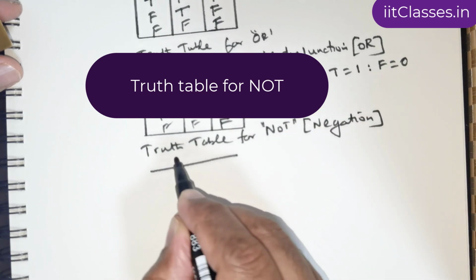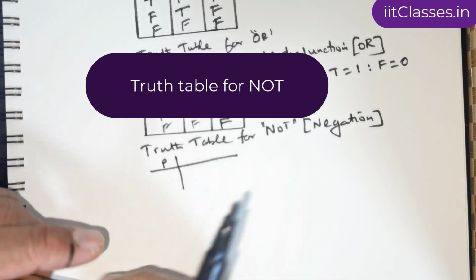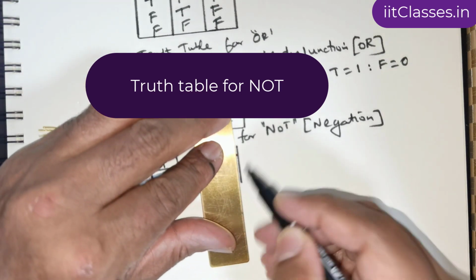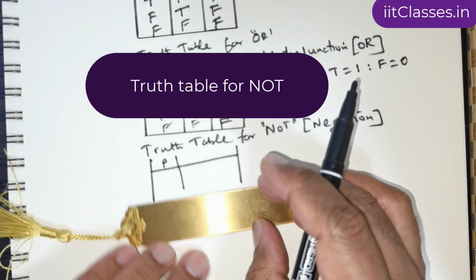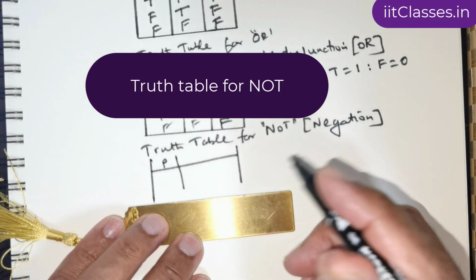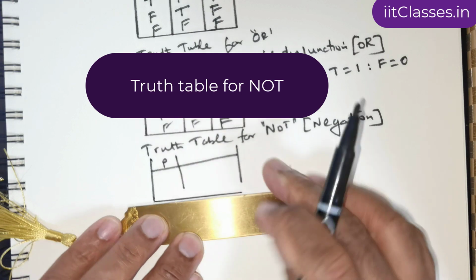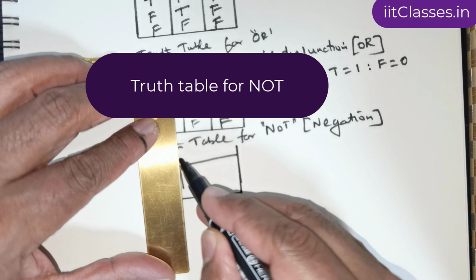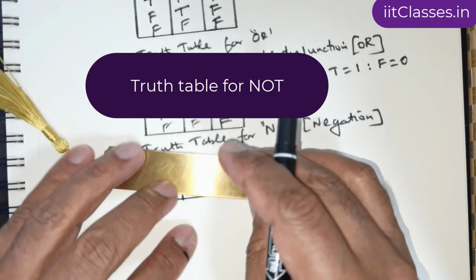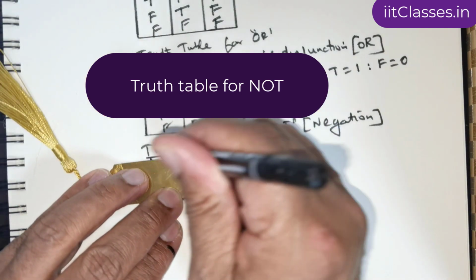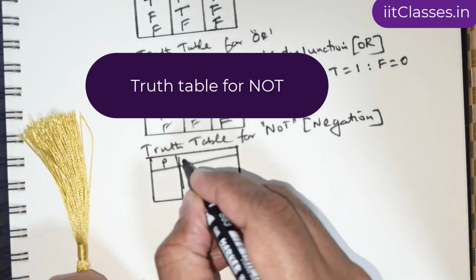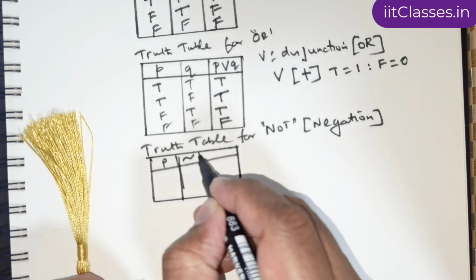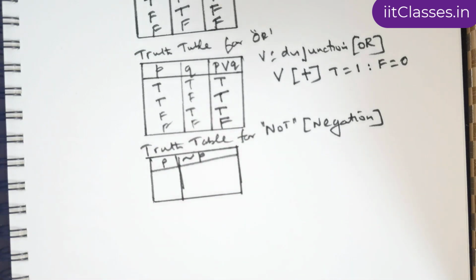So if you are going to have a truth table for P with 2 values being given there, now what is the NOT operator represented as? This is the way we represent it, a tilde and P. This is also called the negation of P.